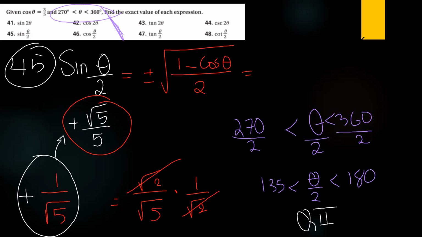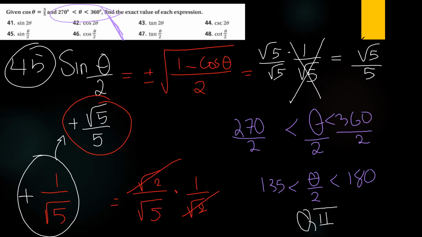Since I teach grade 8 now, you remember that the square root cannot be in the denominator. This is not the simplified one. So you need to simplify it. How? By multiplying by square root of 5 over square root of 5. What do we call it? I forget its name, honestly, but it will be square root of 5 over 5, in order to cancel the square root in the denominator.